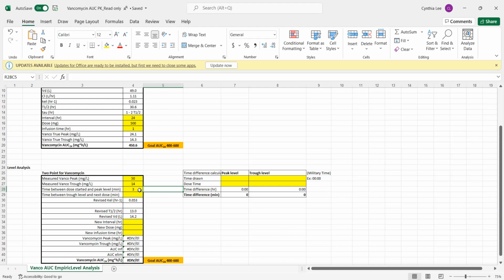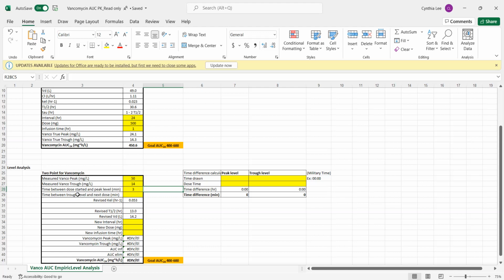Because it's not going to be a perfect 3 hours. It's going to be maybe like 3.2 hours, or 3.5 hours. Maybe they delay the peak level by like a half hour, so it's going to be 3.5. So again, you have to look at your EHR to make sure that you're giving the right hours, or the time between the dose start and the peak levels.